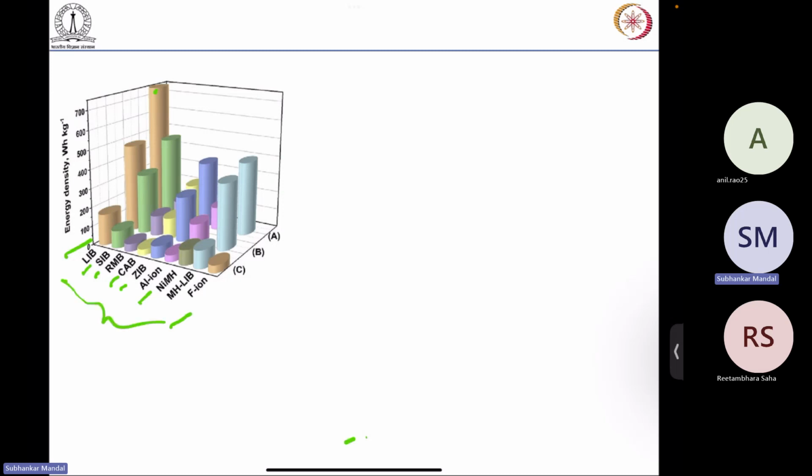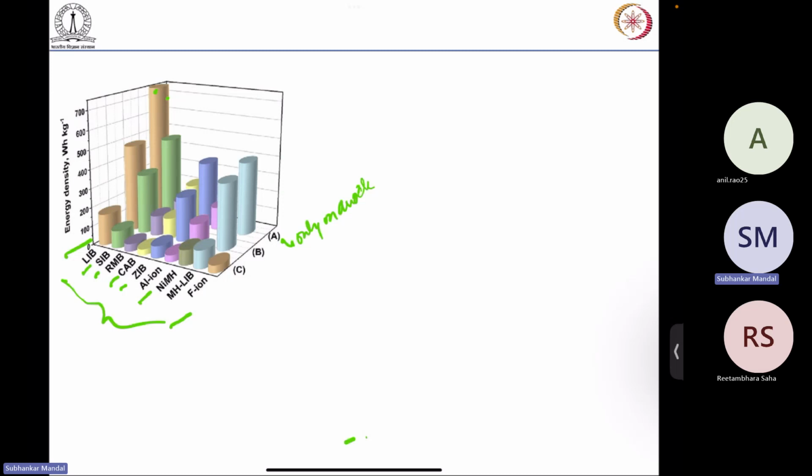So all these ion batteries are there. In this diagram, A is only on anode, meaning it depends on the metal, because you can calculate the capacity or energy density on different components. You can calculate only on anode, only on cathode, or overall, taking cathode and anode together.